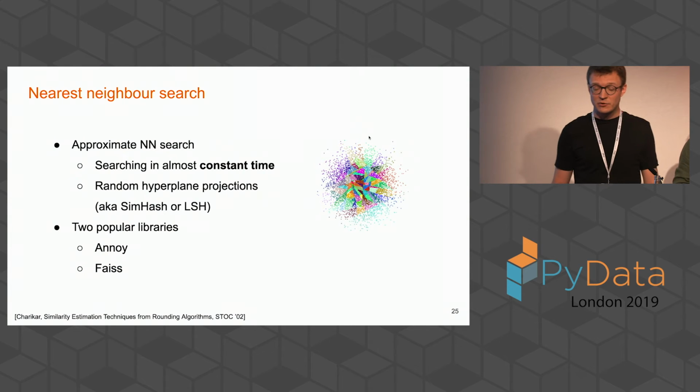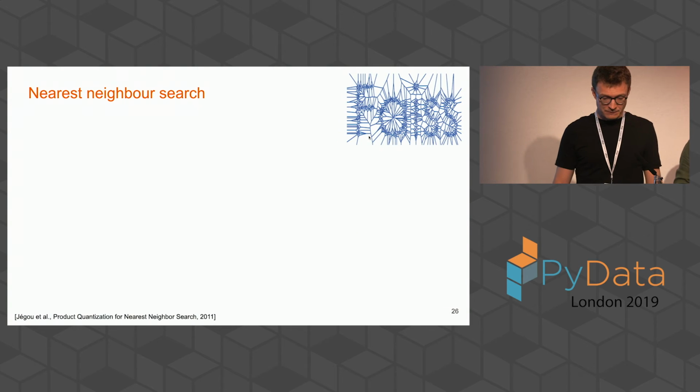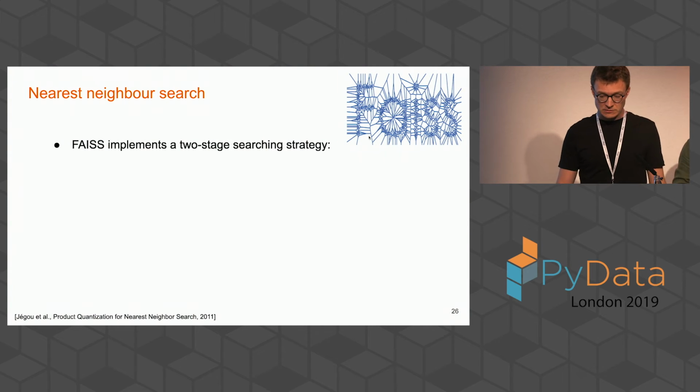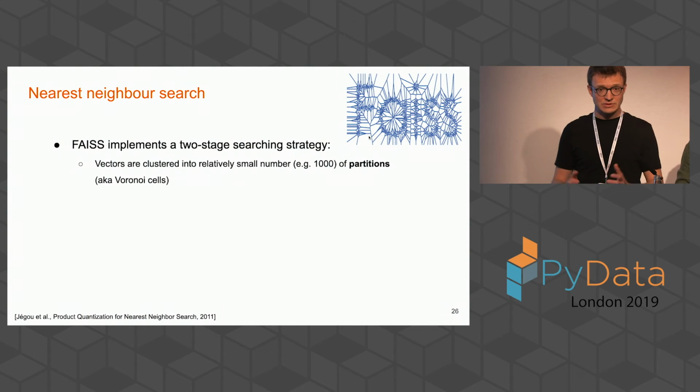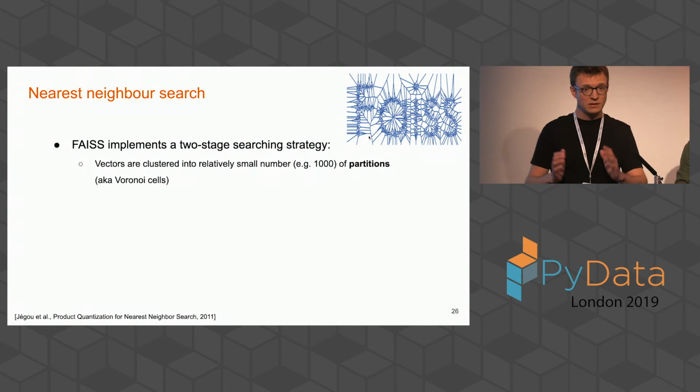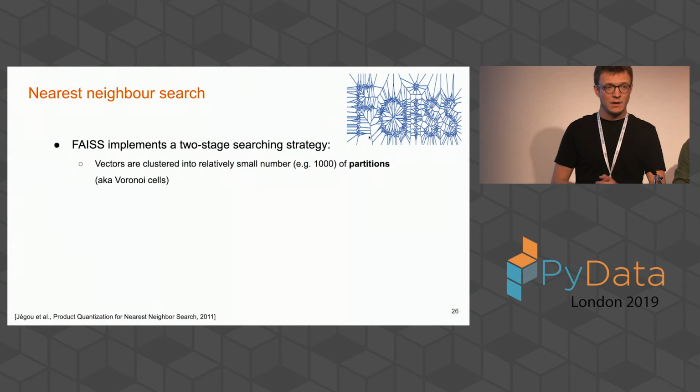FAISS is a similar library, but it has a few advantages. For example, it is GPU accelerated. And a few words on how FAISS works. It implements a two-stage searching strategy. At the beginning, we need to train our index. During this training, all the vectors are clustered into a relatively small number of partitions, also known as Voronoi cells.